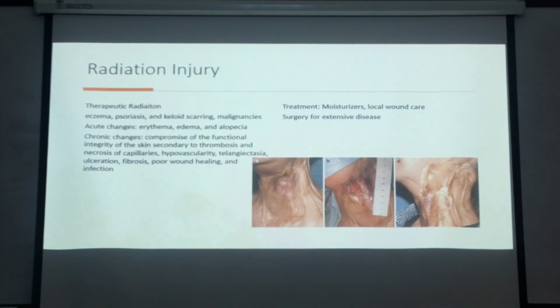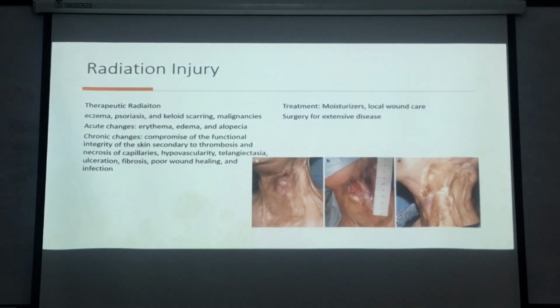Radiation injury. So this is radiation injury specifically from those receiving radiotherapy. Yeah? So, therapeutic radiation. So you can see eczema, psoriasis, scar, and then keloid formation. Now, the problem also with radiation injury is it also looks like a burn injury.